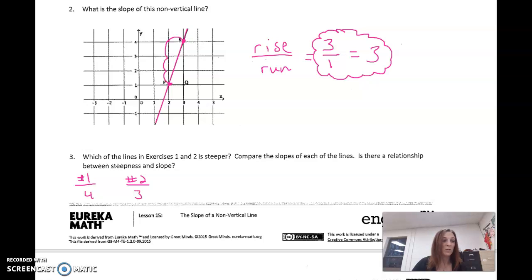And we know that 4 is greater than 3. So we can say the graph of number 1 is steeper and has a greater slope.